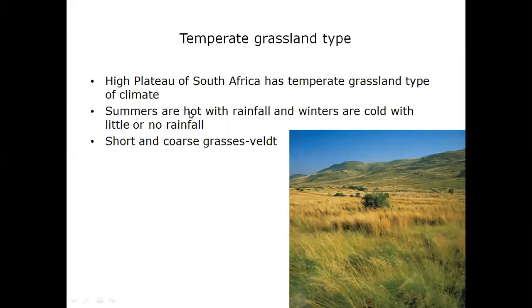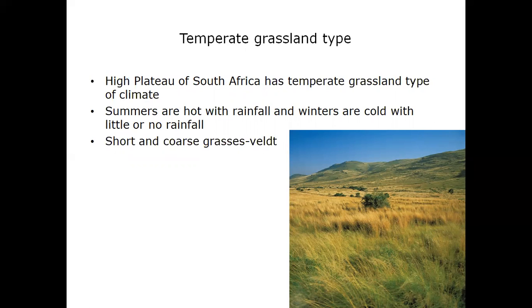Now students, the temperate grassland type is found in the high plateau of South Africa, and the summers are hot with rainfall, but winters are cold with little or no rainfall. So students, by now you may have noticed that the climate in Africa is always a matter of extremes.